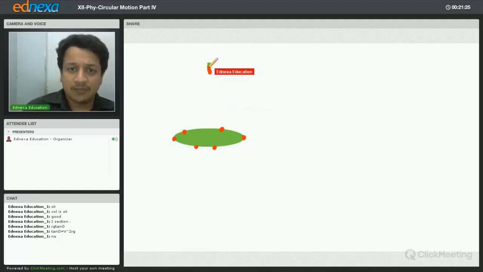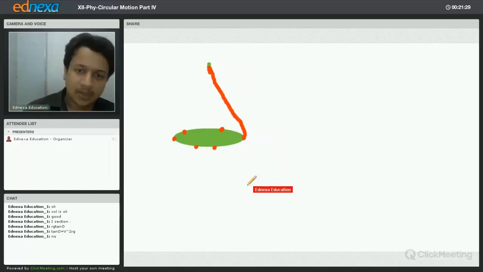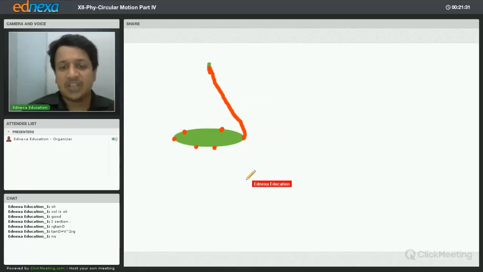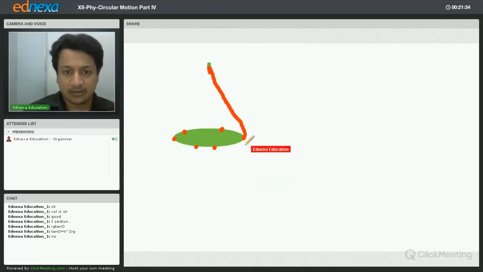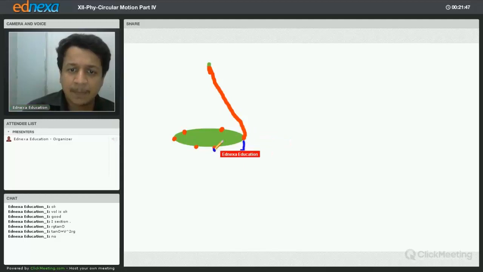When we are going to consider tension, we have to join this line. What is the direction of weight and what is the direction of tension? At each and every point, see, I will show you.